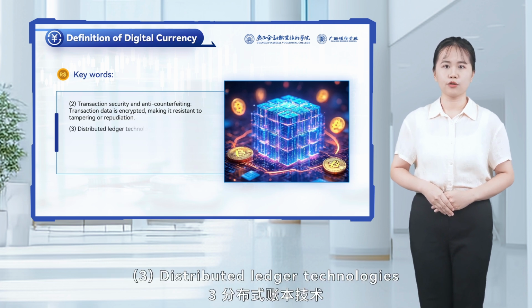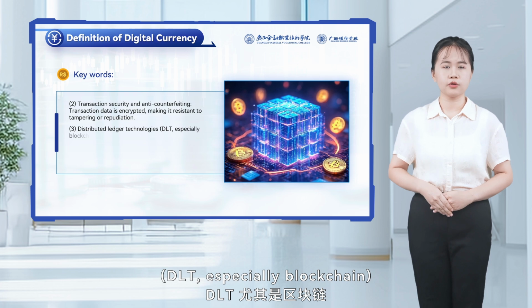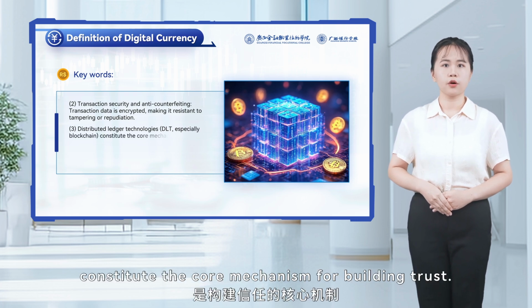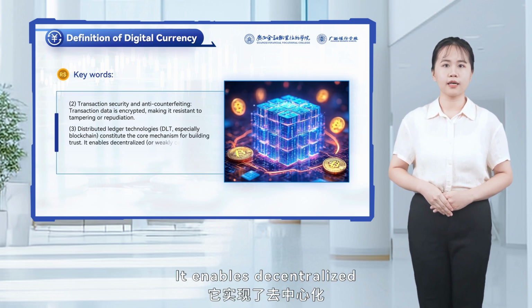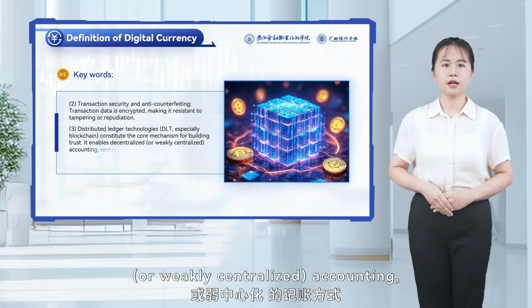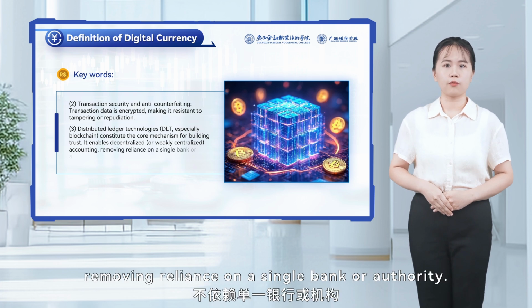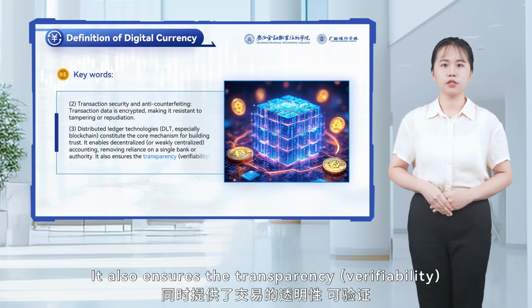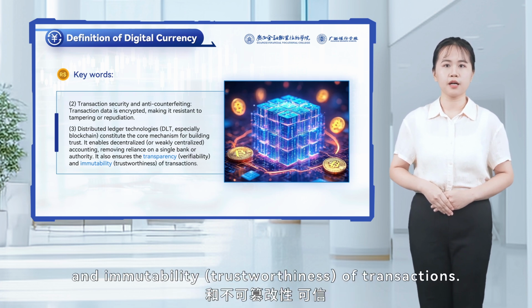Distributed ledger technologies, DLT, especially blockchain, constitute the core mechanism for building trust. It enables decentralized or weakly centralized accounting, removing reliance on a single bank or authority. It also ensures the transparency, verifiability, and immutability, trustworthiness of transactions.